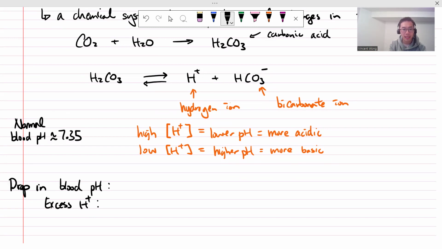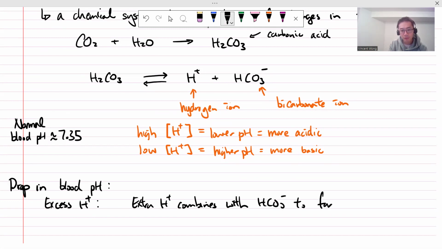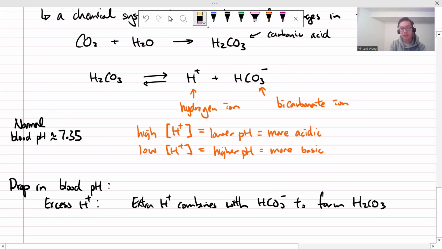Well, one way is the extra H plus combines with HCO3 to form H2CO3. So essentially, the HCO3 is a mop to mop up the extra H plus.